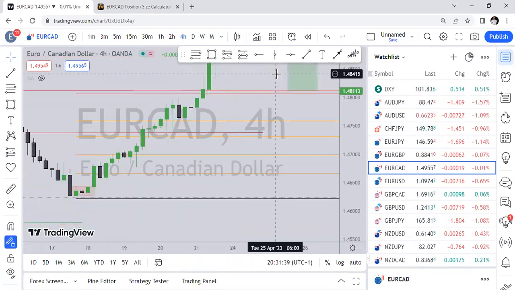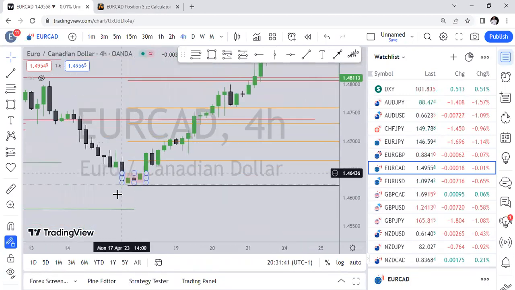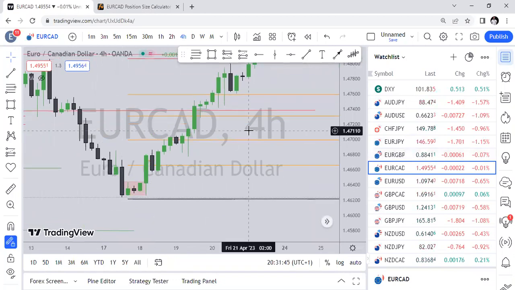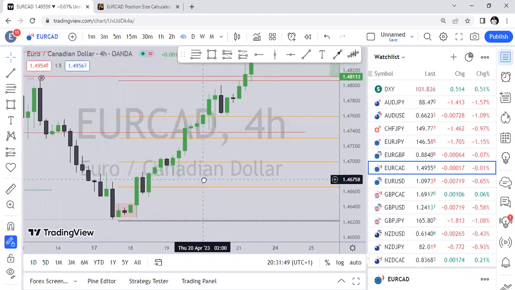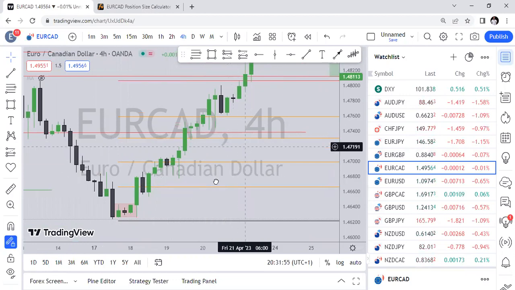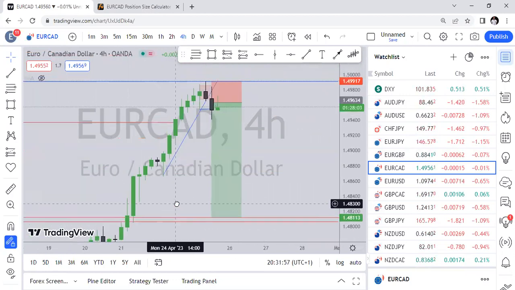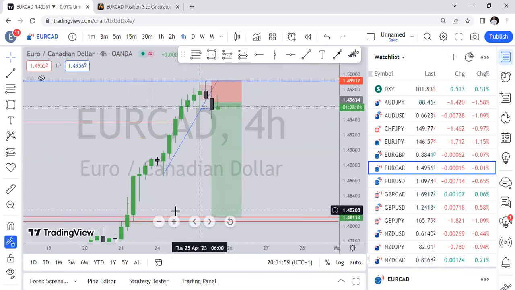Then another candlestick you also want to look at is the doji.